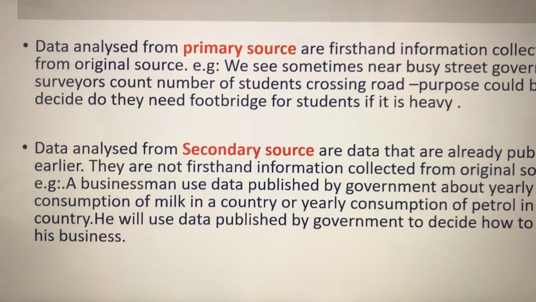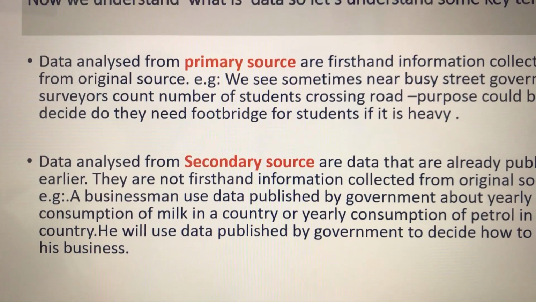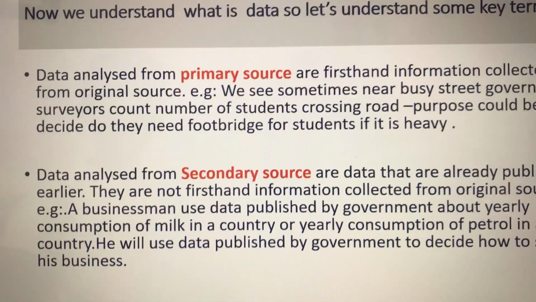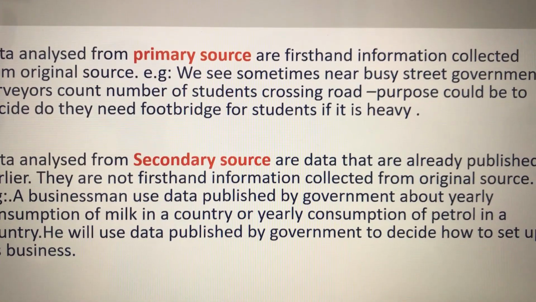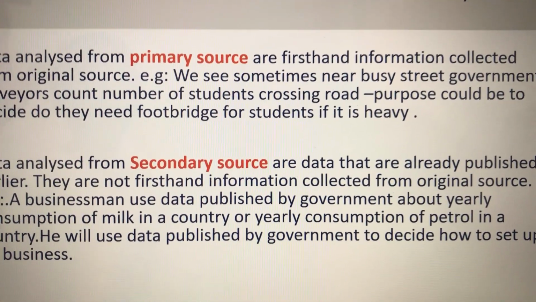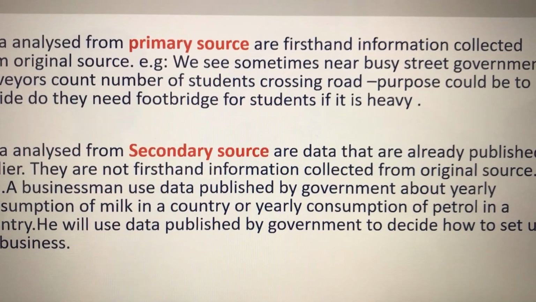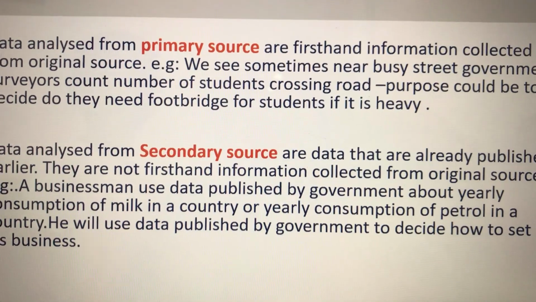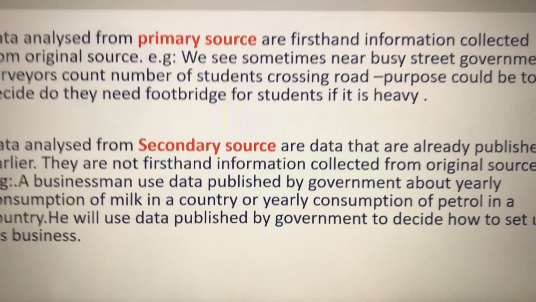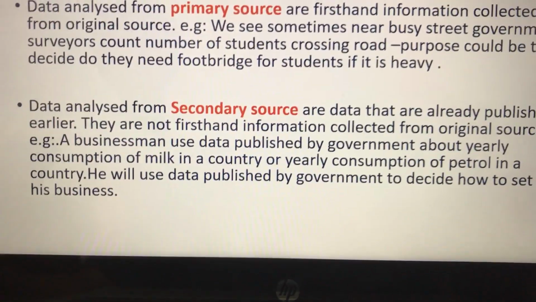What is secondary data? Now secondary, the word secondary means it is second hand. That means data has already been published by somebody. Somebody made effort, he published. We are only using the published data for our purpose. Let's say I am a businessman, I want to start a business of opening a petrol pump in Hong Kong.